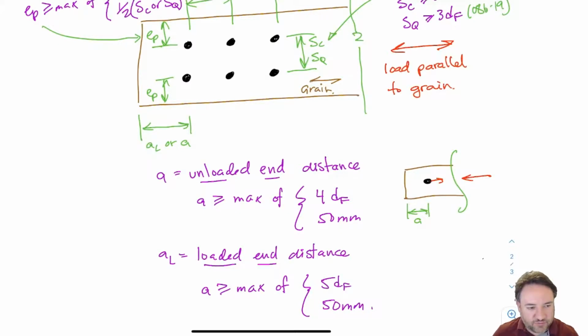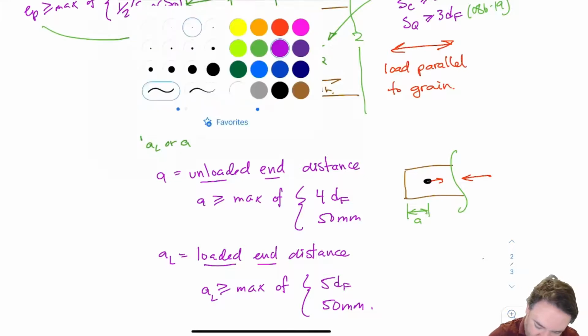So we want to be farther away from the end when we're pulling the bolt towards it, which makes sense. And it's the greater of 5df or 50 millimeters. So whichever one of those is bigger, that's going to be my requirement for AL. And that looks like this.